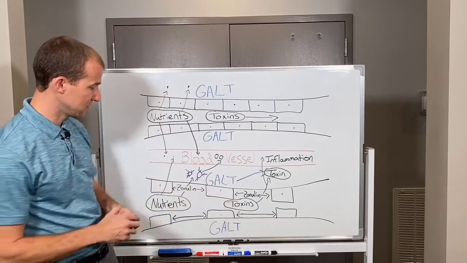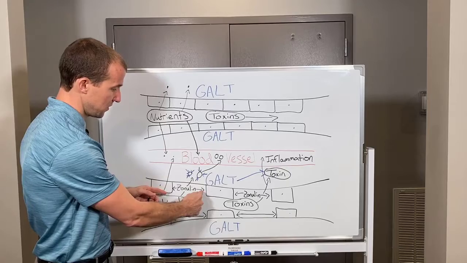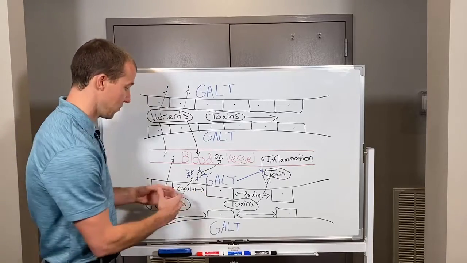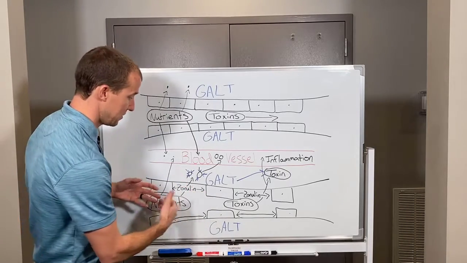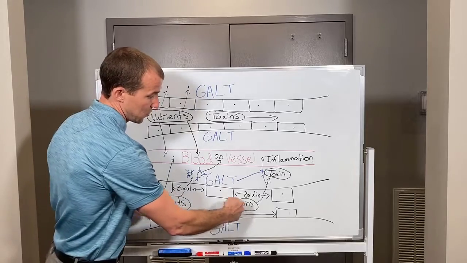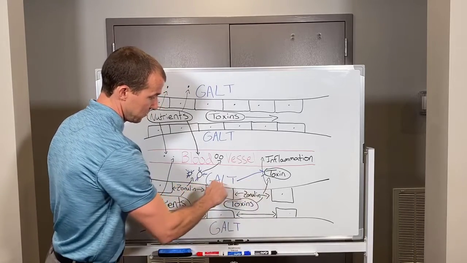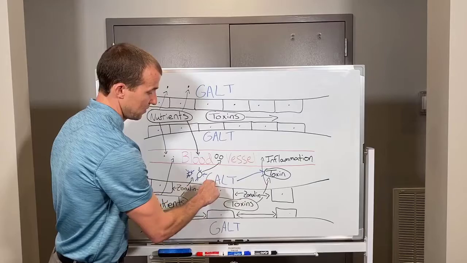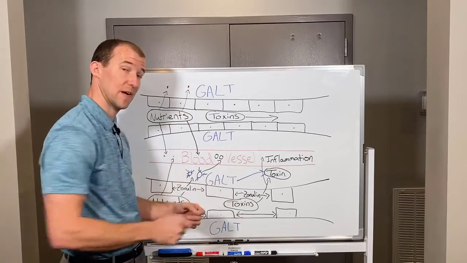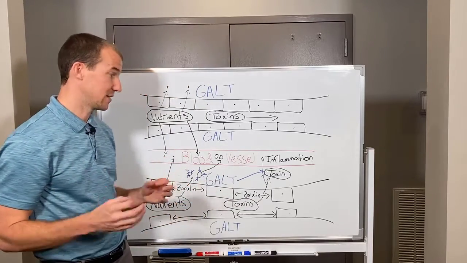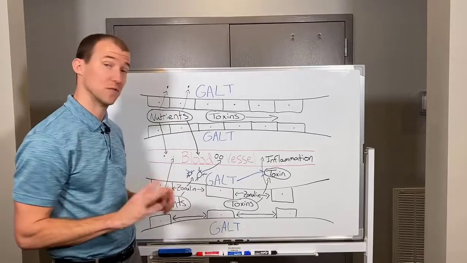Same thing with toxins. If we have increased zonulin within the GI system, toxins are able to go in between the cells and get into this lymphatic tissue, and then the gut-associated lymphatic tissue is going to see that and say, no, you shouldn't be in here, you're a foreign invader, so let's get rid of you.